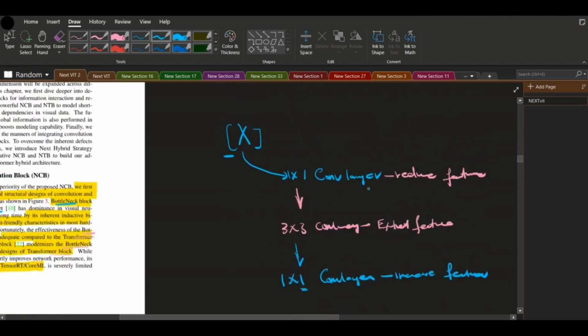So we try to match the input with the output from the 1 by 1 convolutional layer. But essentially this is what they're referring to as the bottleneck in this case.